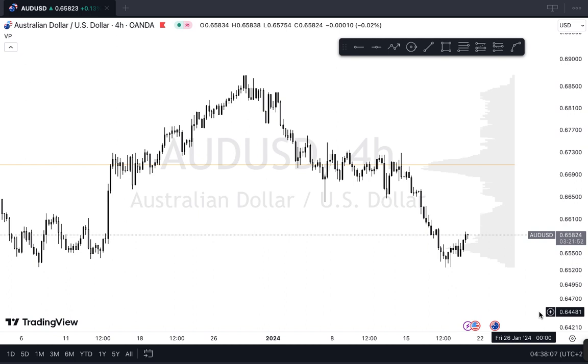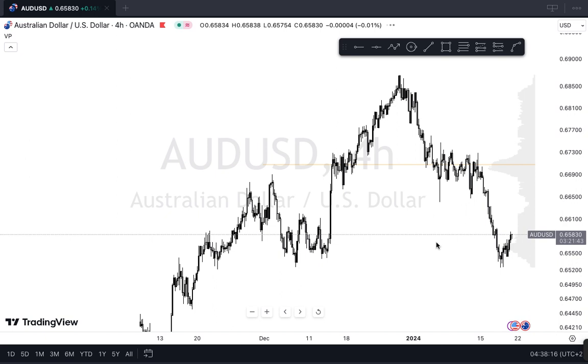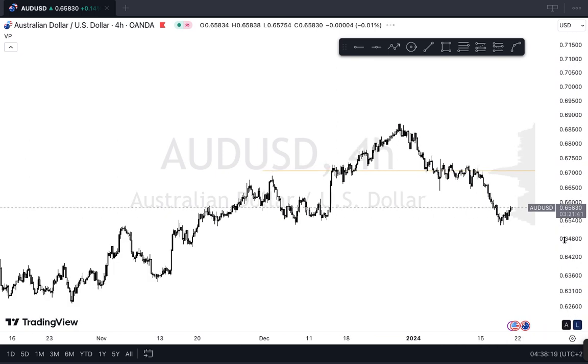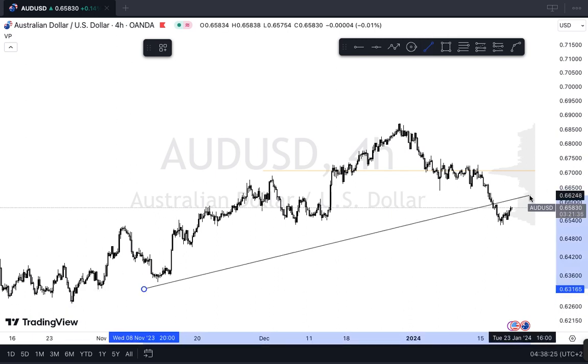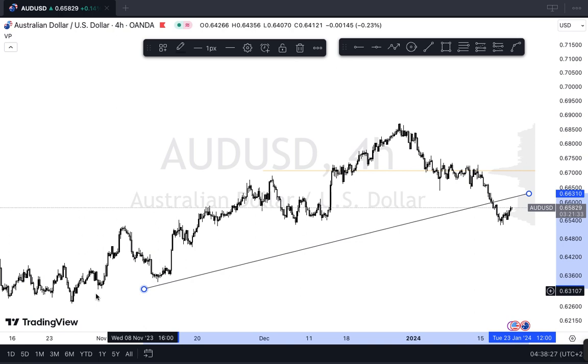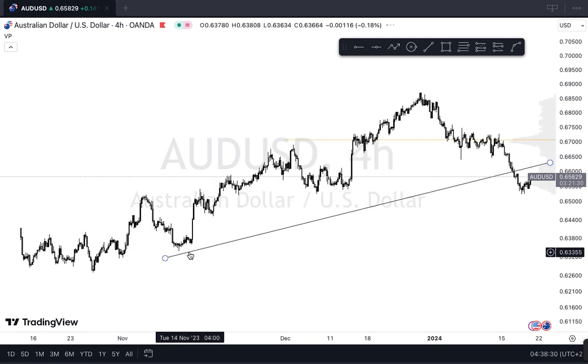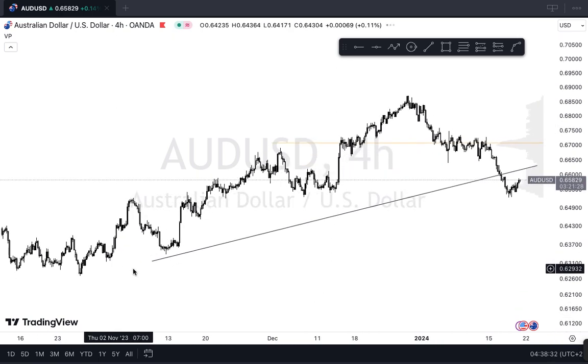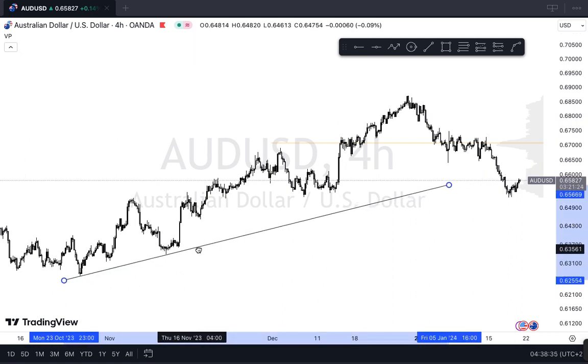So let's get it. Today we are going to be looking at AUDUSD on the 4 hours time frame. We are definitely looking at a bullish market.